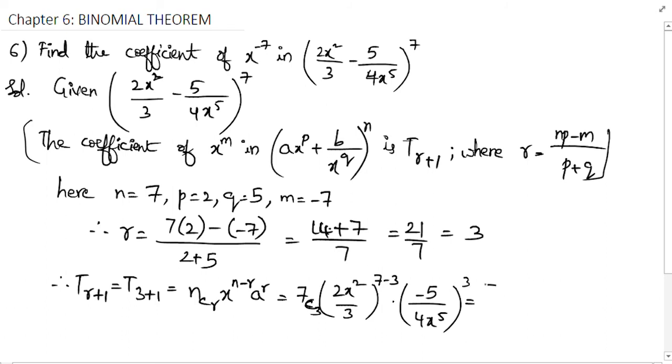So this is equal to 7C3 (2x square divided by 3) whole power 4 and (minus 5 by 4x power 5) whole cube, okay.